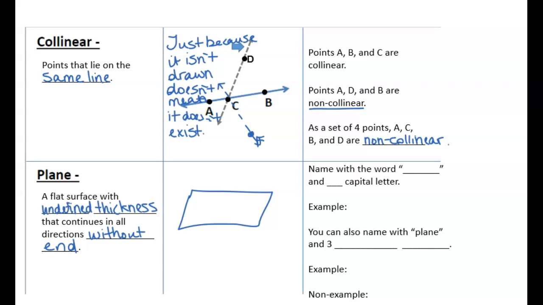You want to name planes with the word plane and one capital letter. So we might call this plane R, and a lot of times it's like a script letter, kind of a cursive R there. You can also name a plane with 3 non-collinear points.